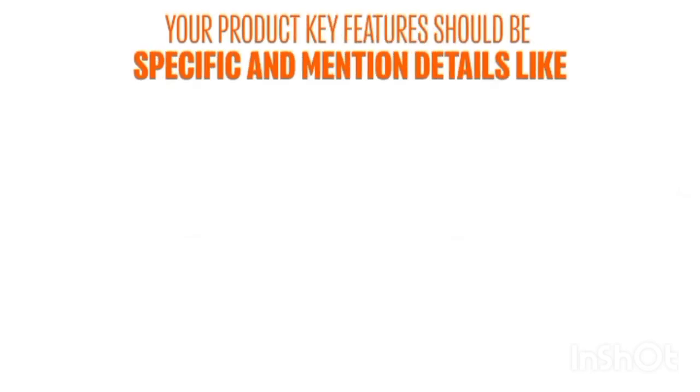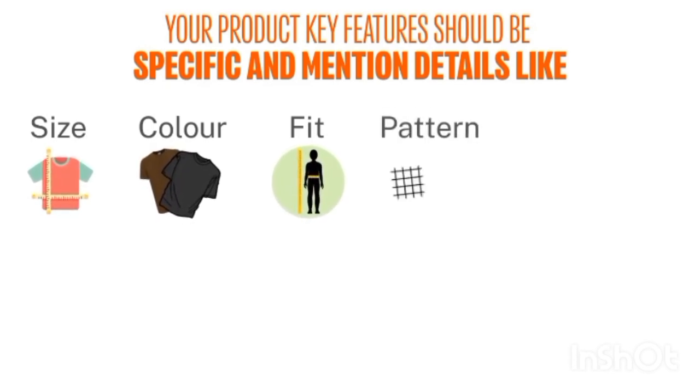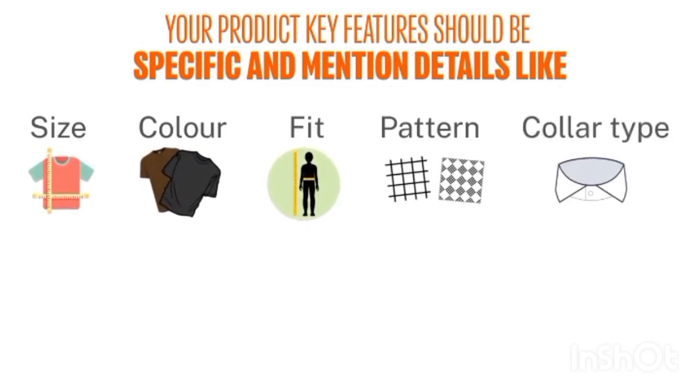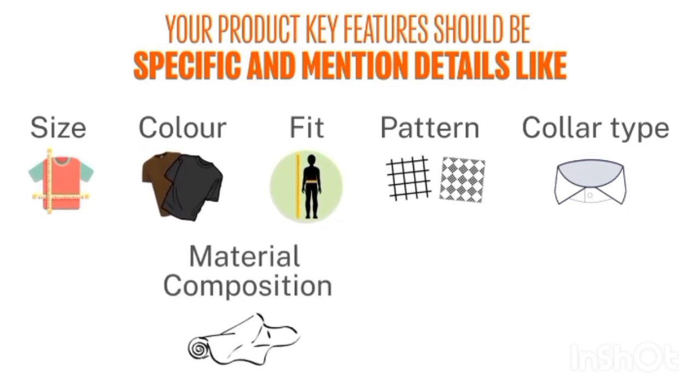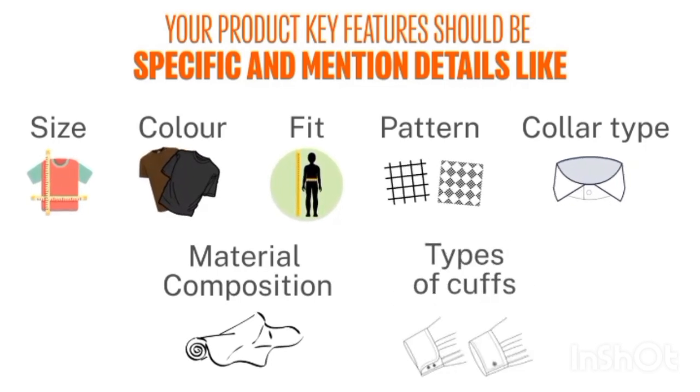Your product key features should be specific and mention details like size is either small, medium, or large, color, whether it is black or brown, fit, whether it is slim fit, regular fit, loose fit, what kind of pattern it is, a box pattern or checkered, what type of collar the product has, a button-down collar, spread collar, material composition, whether it is cotton or spandex, or types of cuffs if your product has cuffs.